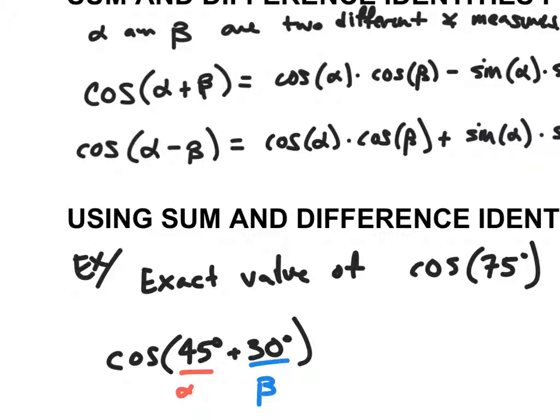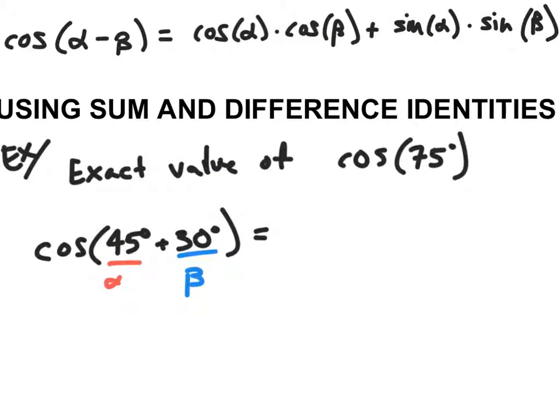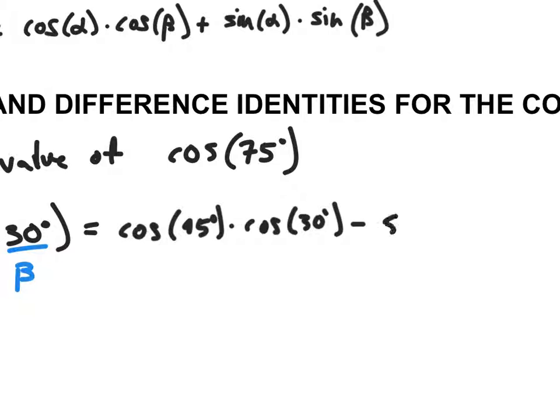And what we can do is then just plug that into our formula and evaluate: cosine, cosine, sine, sine, okay? So cosine of 45 degrees times cosine of 30 degrees minus sine of 45 degrees times sine of 30 degrees.